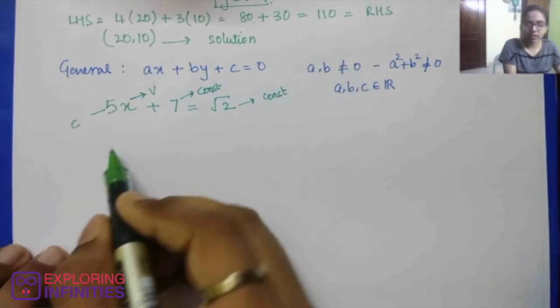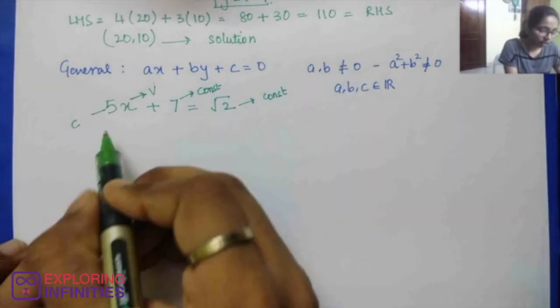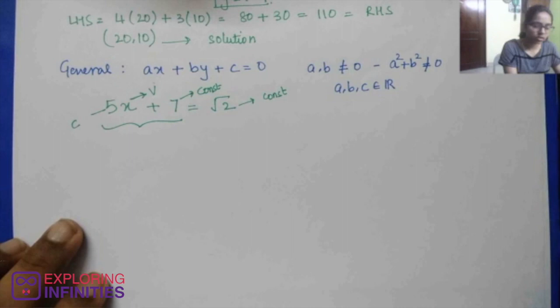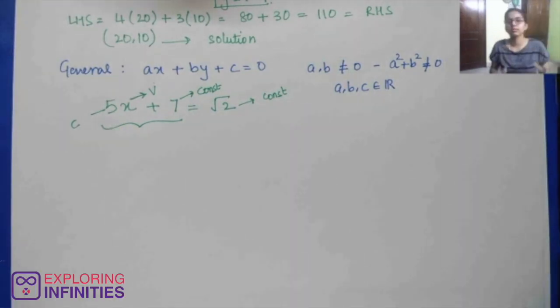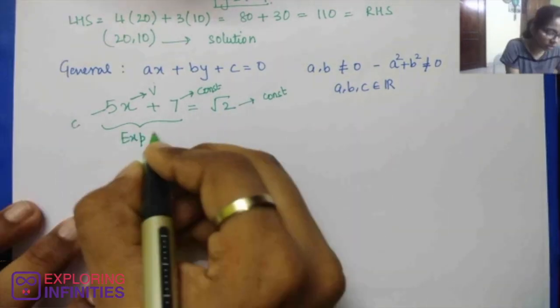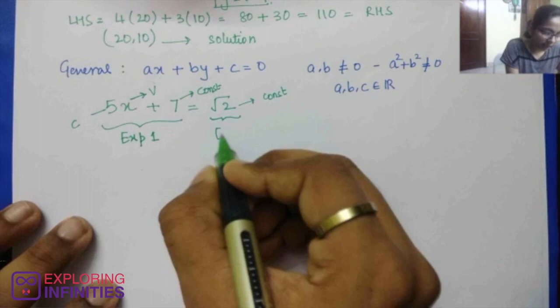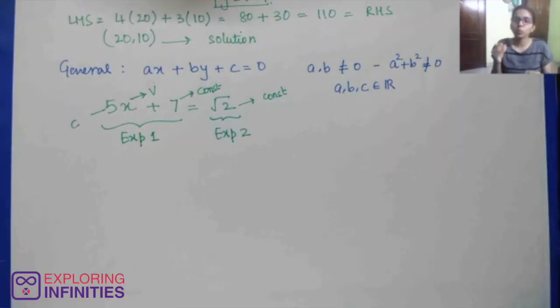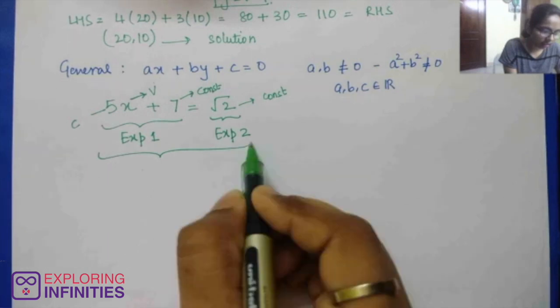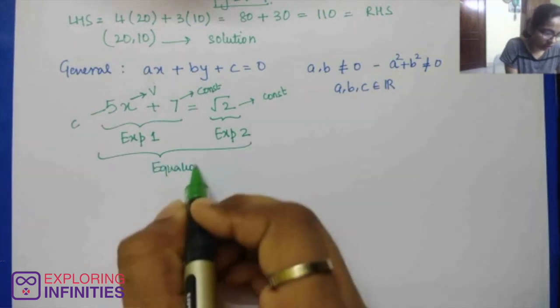So this entire thing is the equation, but if you just have the LHS, with your coefficients, your variables, and your constants, it makes an expression. So whenever two expressions are put together in front of each other with an equal to sign, we have an entire equation with us.